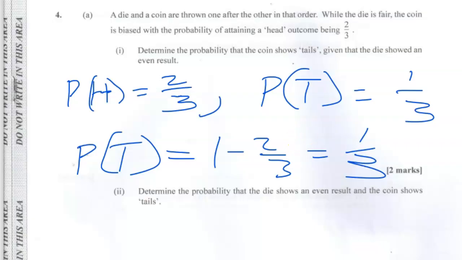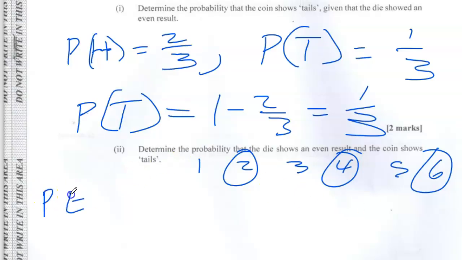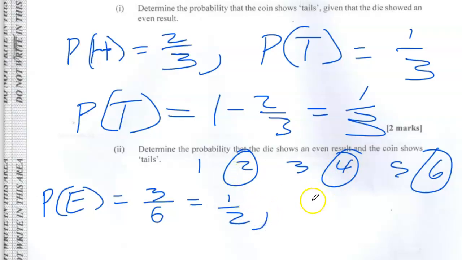Part 2: determine the probability that the die shows an even result and the coin shows tail. Remember the die has 6 faces, 1 to 6. How many of these faces are even? 2 is even, 4 is even, 6 is even. So the probability of showing an even number, using E for even, is 3 options out of a total of 6, which is a half. And we already found the probability of tails to be 1/3.